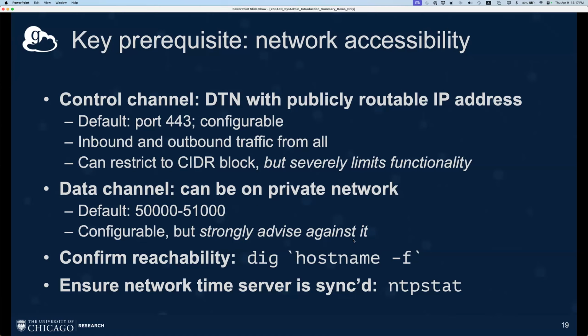So what you want to do is make sure that your host is publicly routable, so you can dig it and see. And a minor thing, but it does sometimes trip people up, is making sure that you have your time server synced so that you're not too far off our time service, because that does have implications on control.